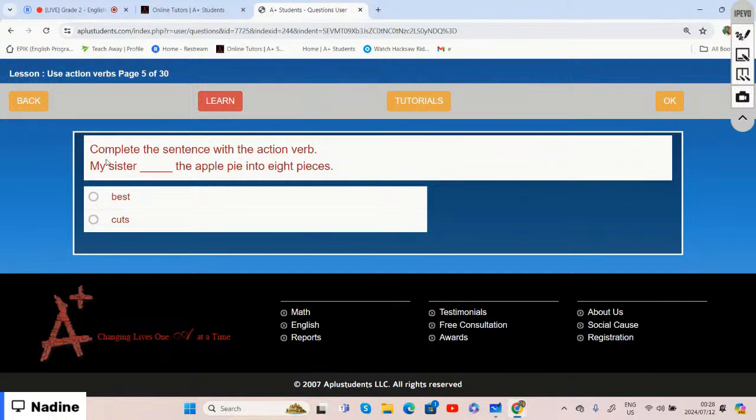All right, the next one says, my sister, right? Do we say my sister bit the apple pie into 8 pieces, or my sister cuts the apple pie into 8 pieces? We need to choose the correct action verb.